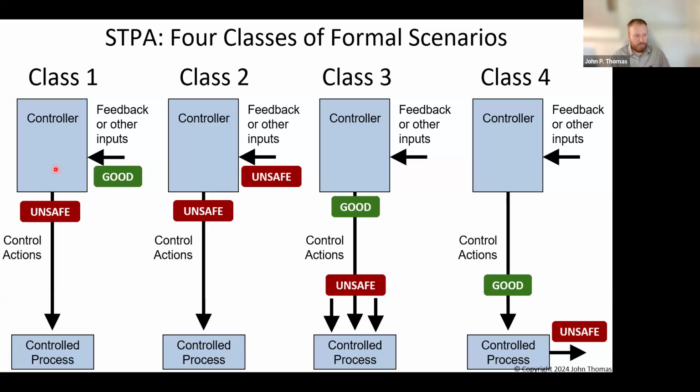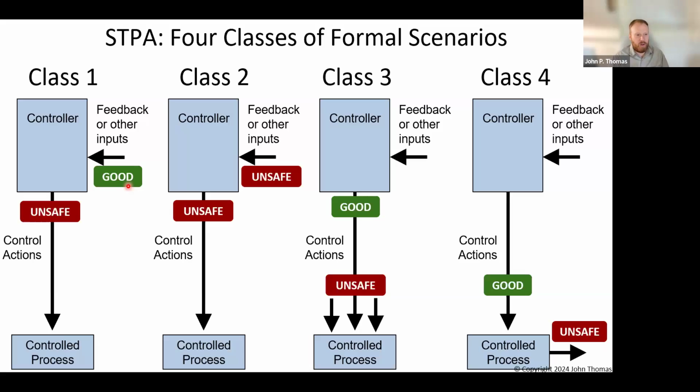Class 1 is the case where you have an unsafe control action. So the controller did something unsafe, but some feedback, some input or feedback was good. And we'll define what that means in a moment. It gets a little tricky to define this, but I'll show you what that looks like. Just don't dig into the details yet.